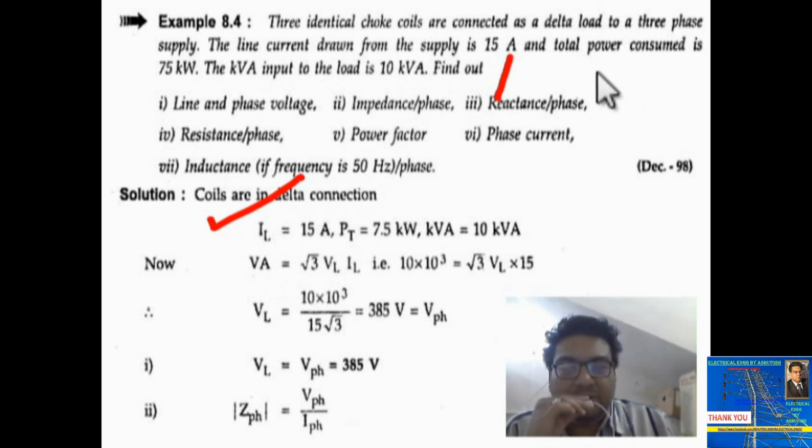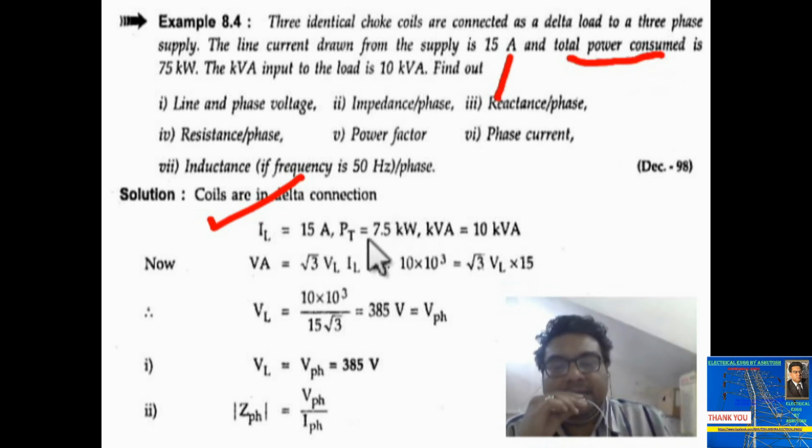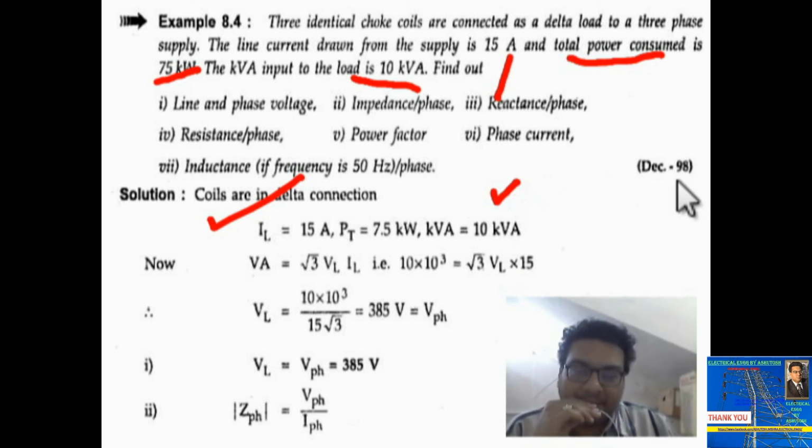Total power consumed is the power of the three-phase circuit, PT, which is in kilowatt. This will be your P, the active power given, 7.5 kilowatt. And the total power is already given here, 10 kVA. This is the total or apparent power.